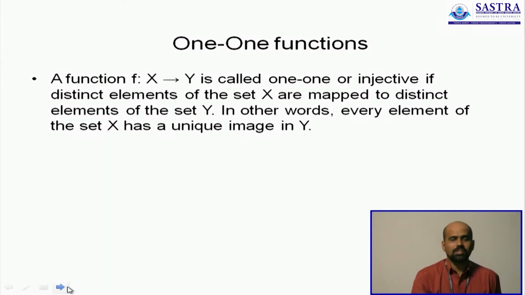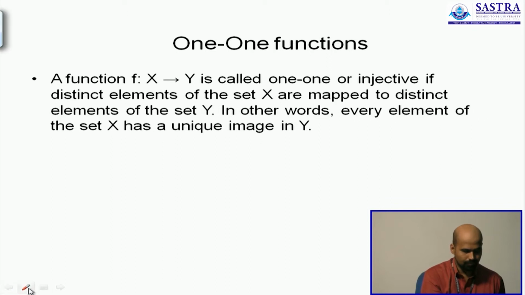The first major type that we'll discuss is the one that we call a one-to-one function. If f denotes any function between two non-empty sets x and y, we call that function a one-to-one function if distinct elements from the set x are mapped to distinct elements in the set y.